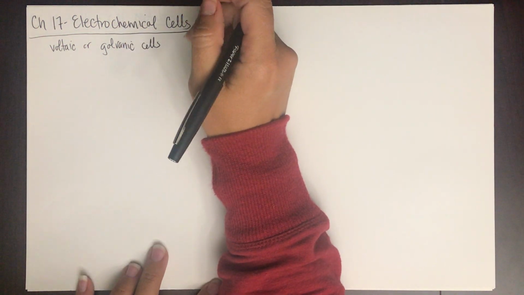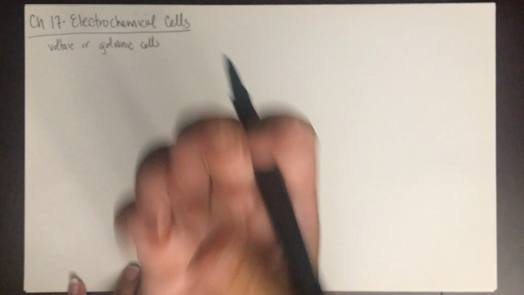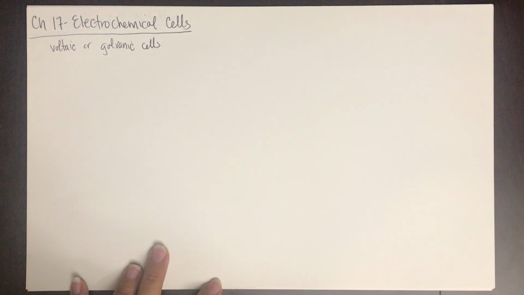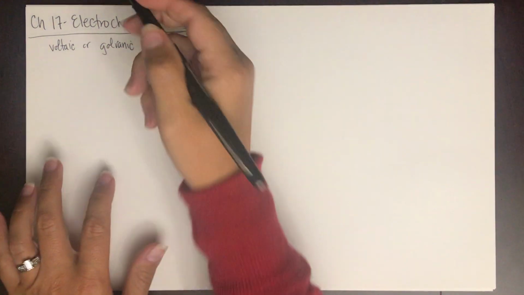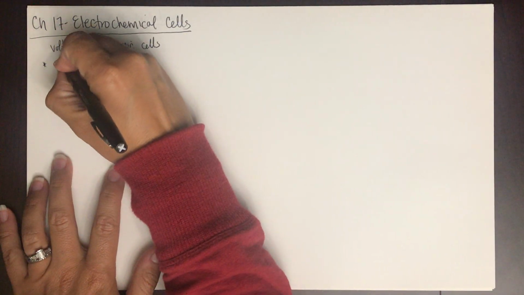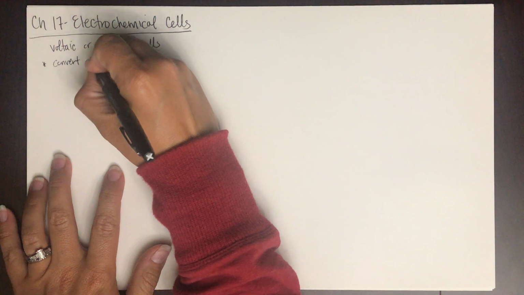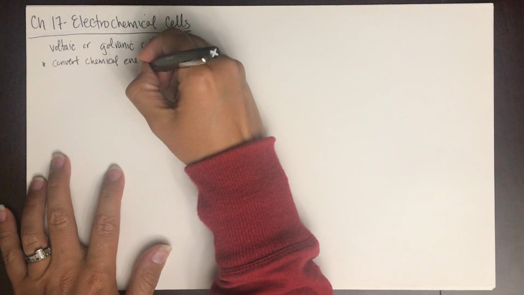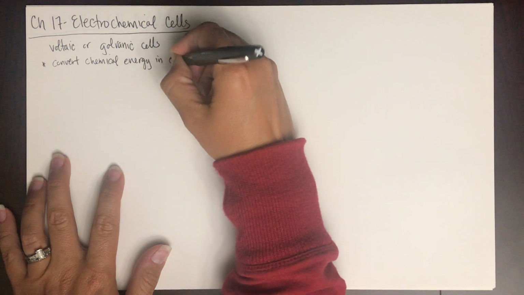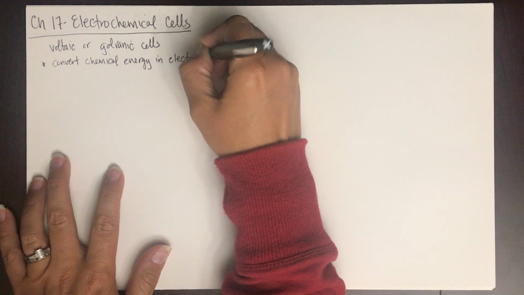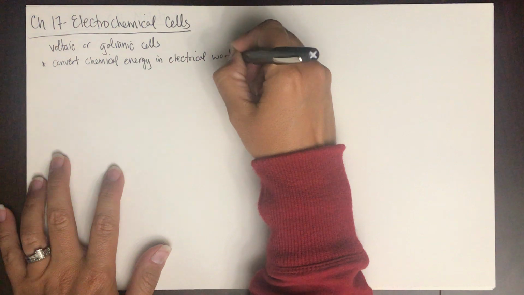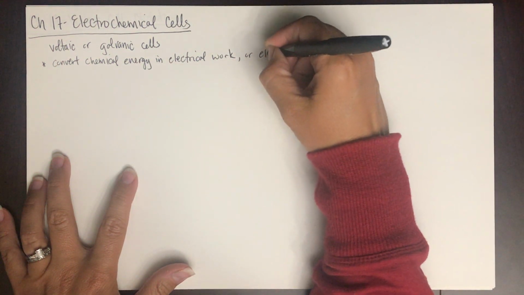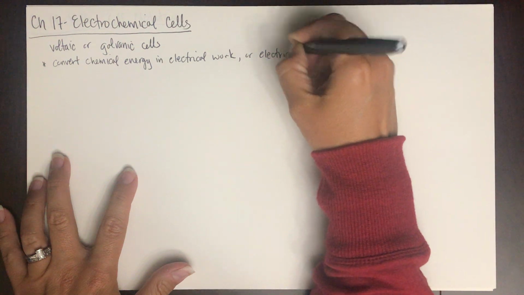What they are is an apparatus, a physical place with separated chambers, that converts chemical energy into electrical work, or vice versa, electrical work into chemical energy.